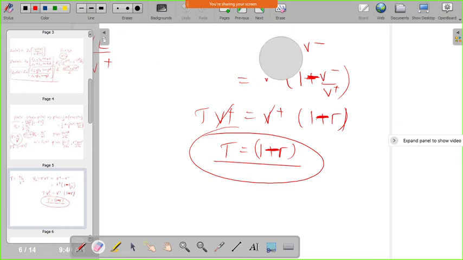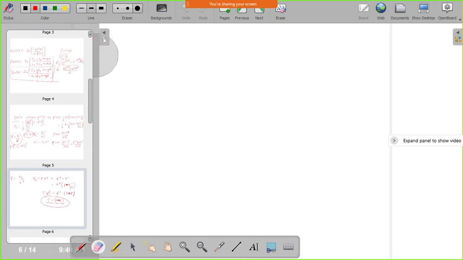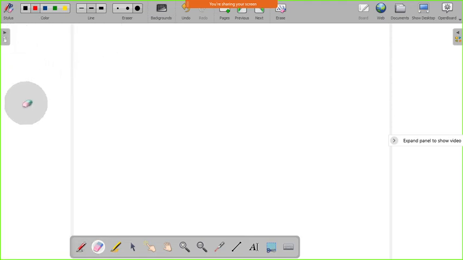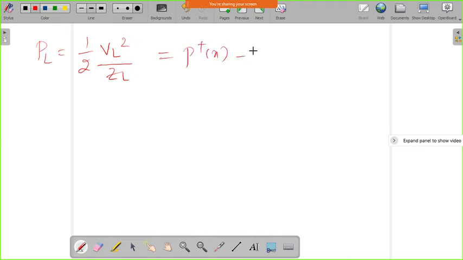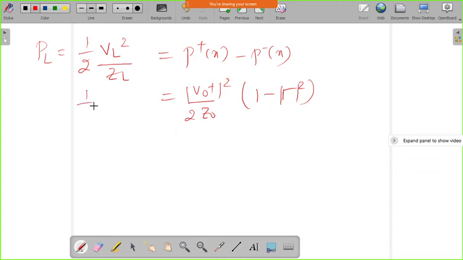Now we will see how the power looks in terms of the transmission coefficient. The power at the load side is defined as VL square by ZL. We can equate it to the incident power minus the reflected power, which we have already defined in terms of voltage and impedance, that is V naught plus square by 2 Z naught into 1 minus gamma square. Now if I equate this, we get VL square by ZL.